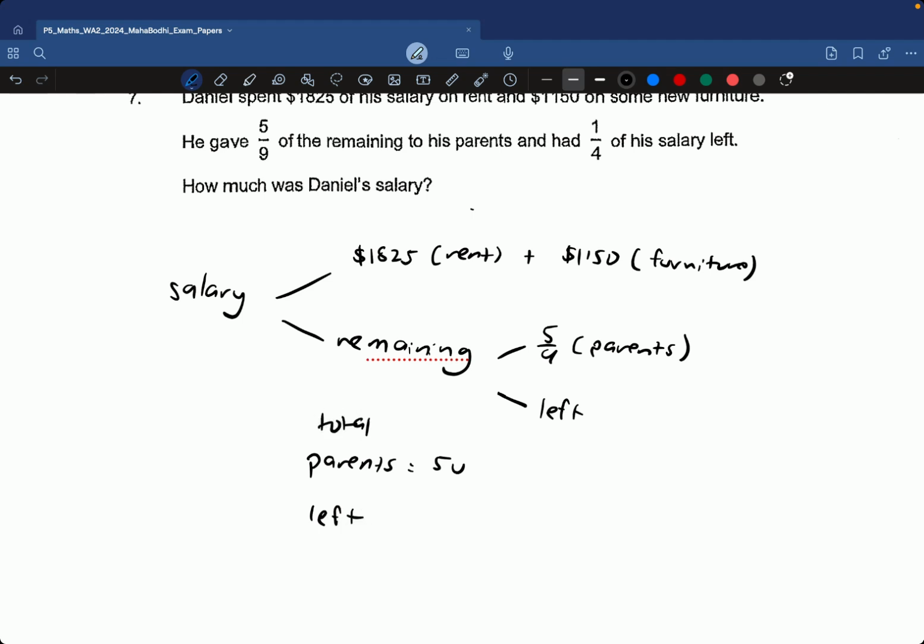The denominator gives a total of 9 units. So what is left is 9 units minus 5 units, equal to 4 units. And 4 units is what is left, and it's also 1/4 of his salary.